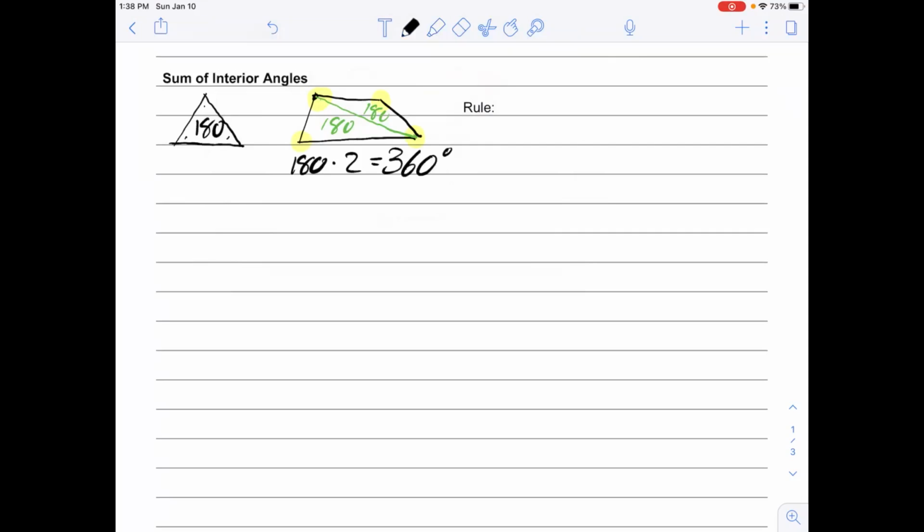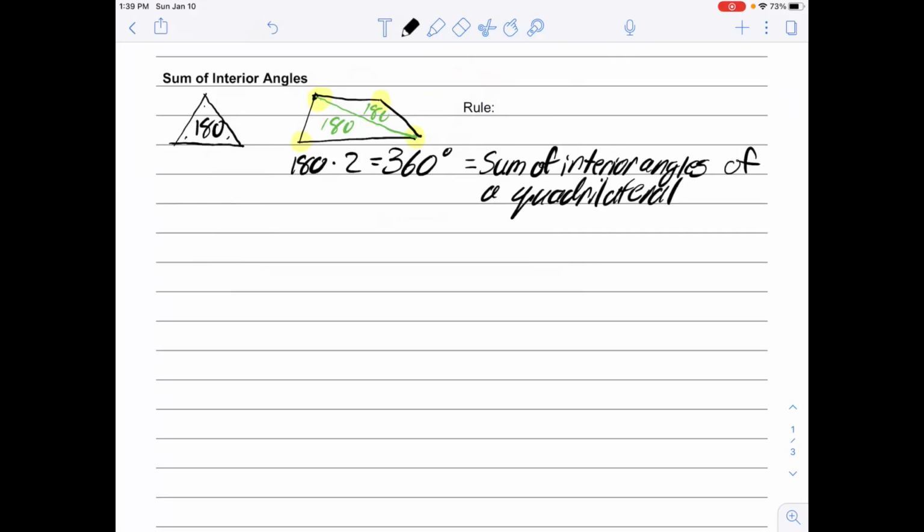The fact is that all quadrilaterals have their interior angles sum to 360. All of them. So no matter if it is a parallelogram or a square or anything else, it will always add up to 360.